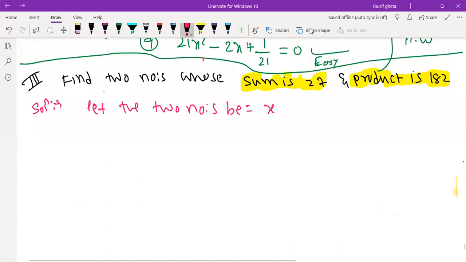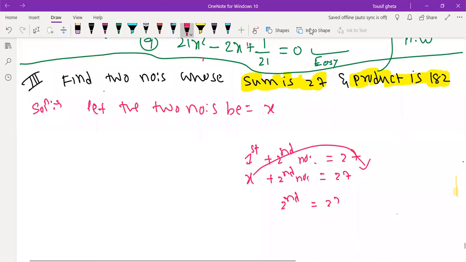So first number plus second number, total is 27. This first number we have taken as x, correct? The second number is equal to 27. So this second number I want, so x we will take to this side. What will we get? Second number is equal to 27 minus x. So let the 2 numbers be x and 27 minus x.